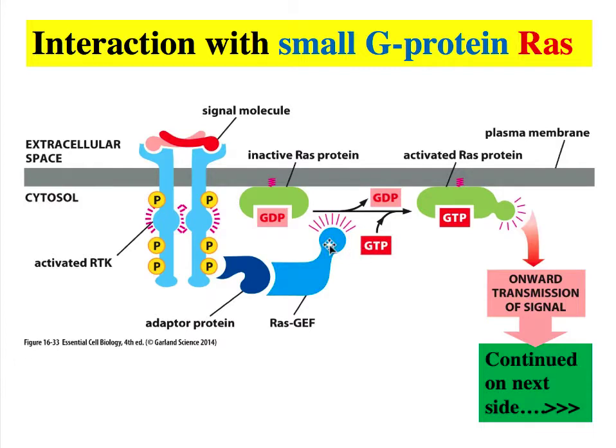RAS protein can be turned into an activated form simply by swapping out its GDP for a GTP. That change cannot take place intrinsically within the green protein. That has to be promoted by the RAS-GEF. Once that happens, the RAS protein is activated, and then it can have various target molecules that it turns on subsequently, as we'll see on the next slide.